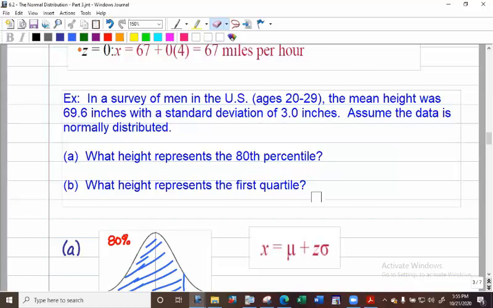The next one says, what height represents the first quartile? Before I scroll down, I'm going to tell you something on this one. You see first quartile, and this might make you think of how we did quartiles before, where we had discrete data, individual numbers, and we broke them up into the median and split them in half. That doesn't work for this.